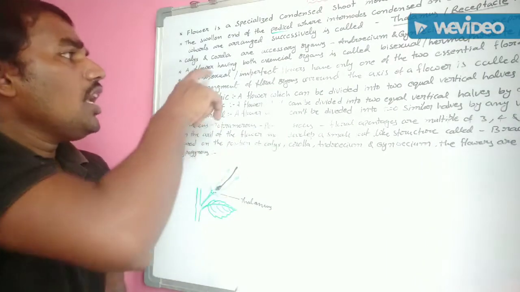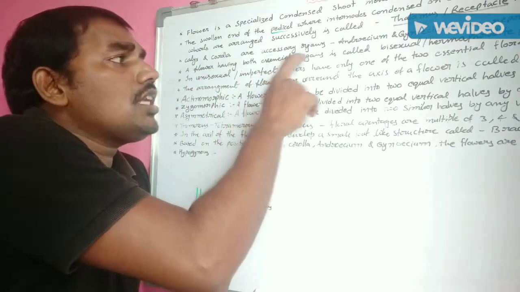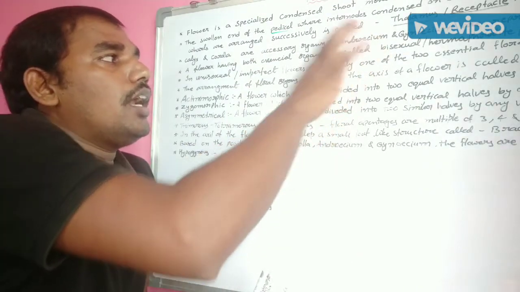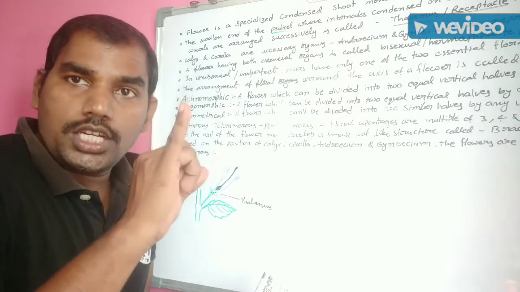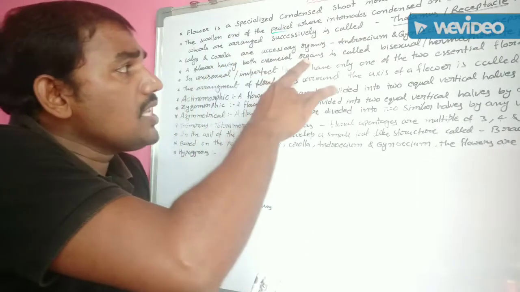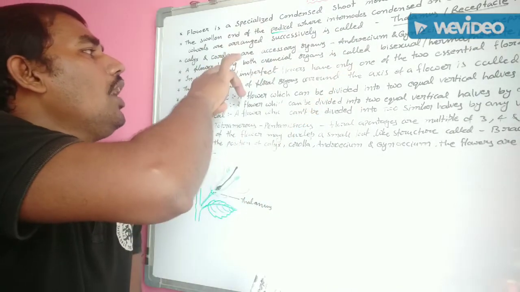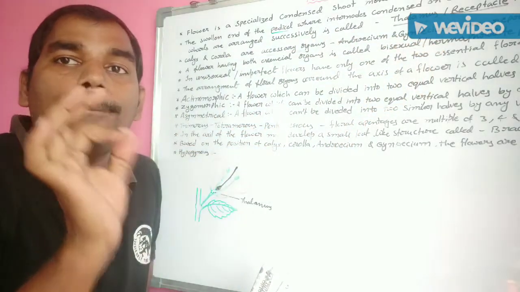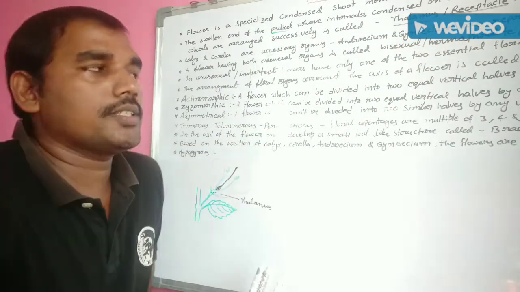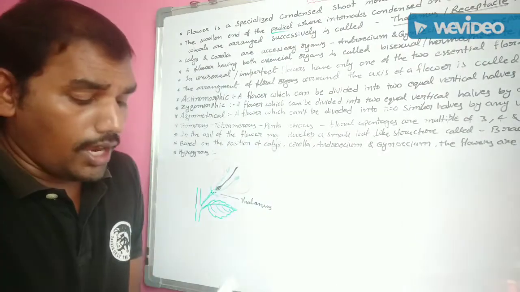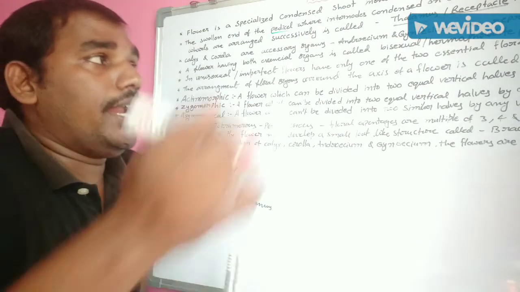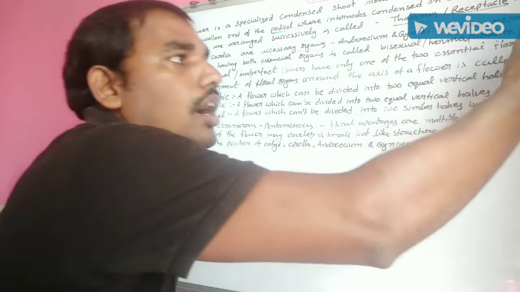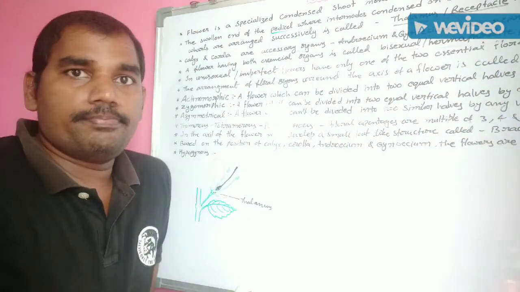The next one, a flower having both essential organs, androecium and gynoecium, is known as a bisexual flower, or hermaphrodite, or perfect flower.